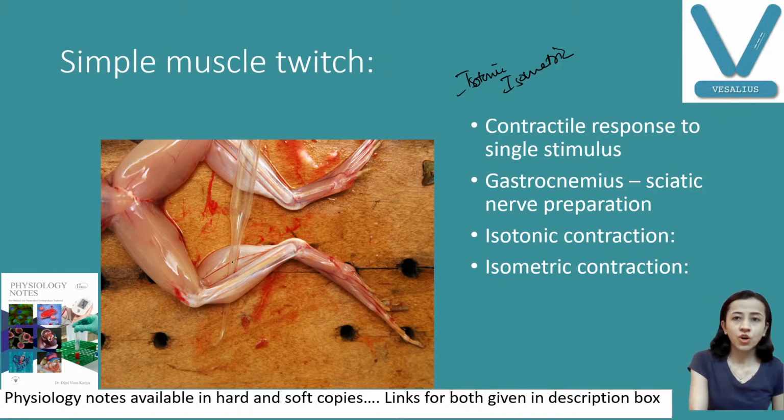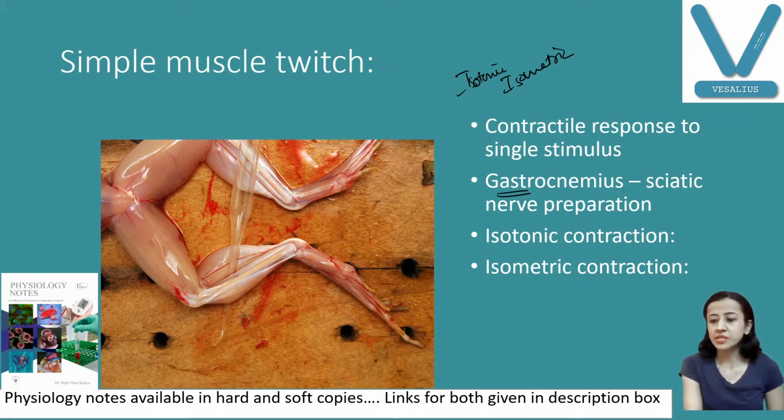In the frog we use the gastrocnemius muscle and the sciatic nerve. This is the muscle, and the nerve is not properly visible, but this gastrocnemius and sciatic nerve muscle preparation is used to demonstrate this muscle contraction.